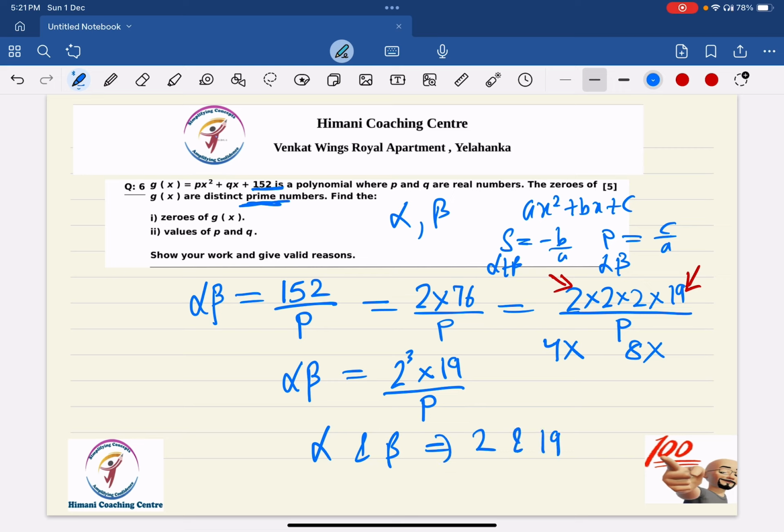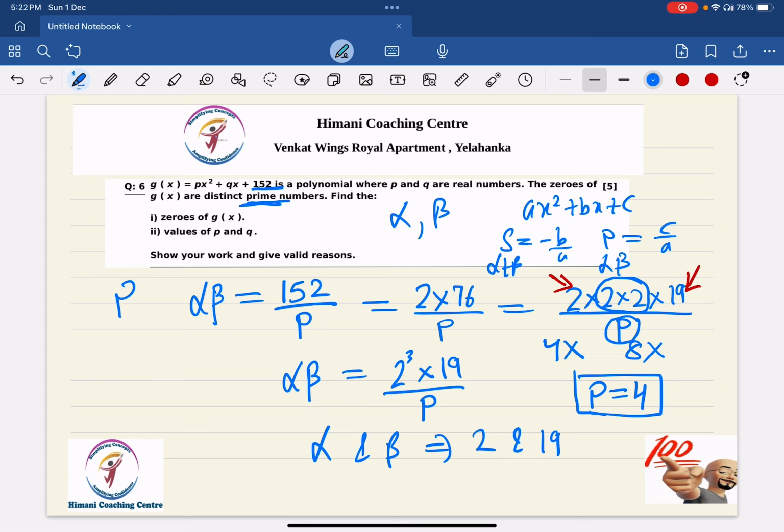Now if that is the case, then divided by p, what should be the value of p? p should divide 4 fully. That means p is equal to 4. From here only we can show that. I hope this point is clear. What did we do? We looked at the question. Question says the zeros are distinct prime numbers.